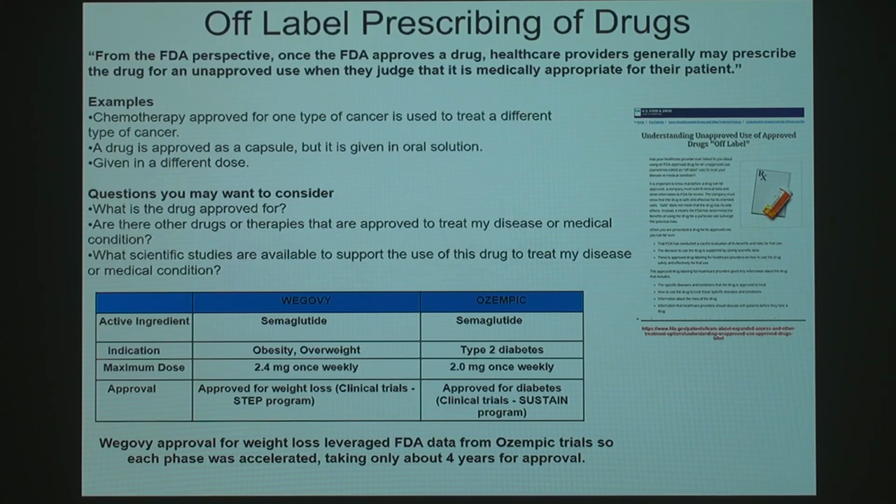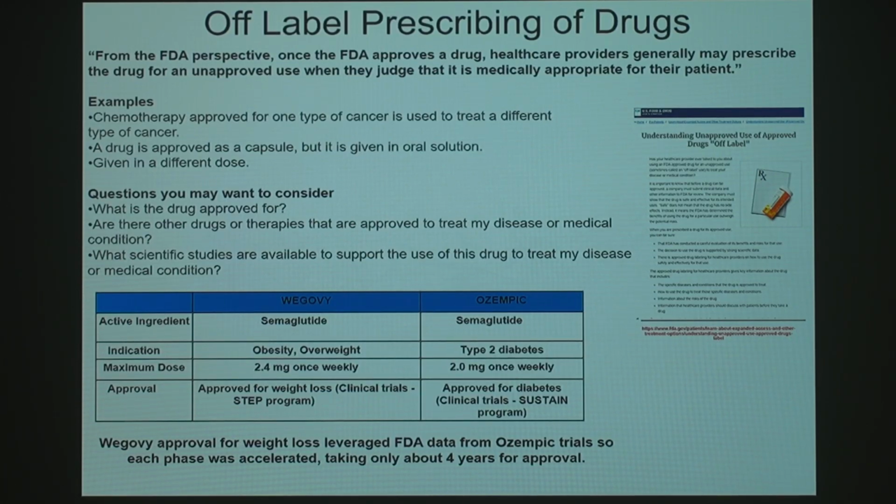However, if a company wants to use a drug for a purpose that it wasn't originally intended, they have to submit the drug back through the FDA. An example of this is Ozempic. We know Ozempic was used for diabetes. We saw significant weight loss, and so the company wanted to market it for weight loss, and they changed the name to Wegovy. They increased the dosage, and they had to do more studies.